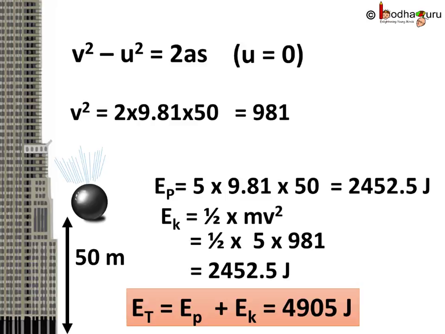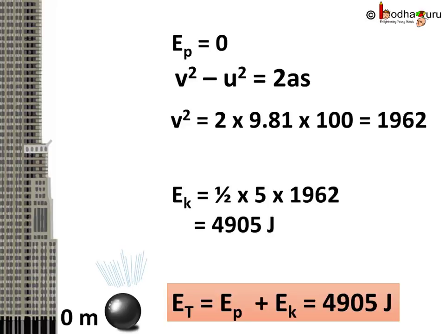So putting the value of m, which is 5 kg, and v square as we've calculated, 981, kinetic energy becomes equal to 2452.5 joules. So gain in kinetic energy is equal to loss in potential energy, and the total mechanical energy remains the same.